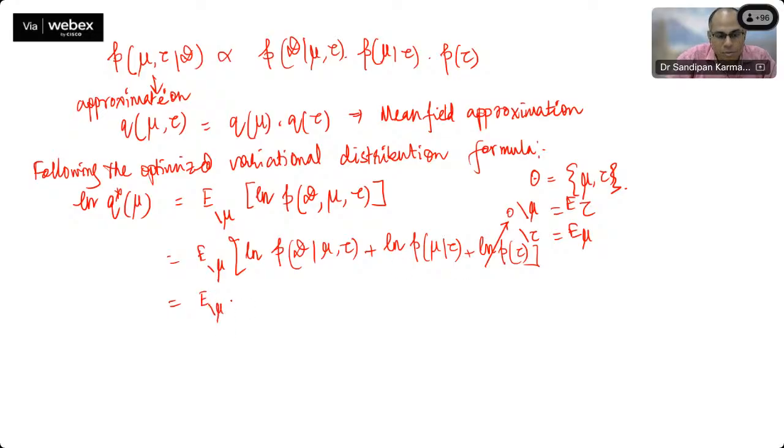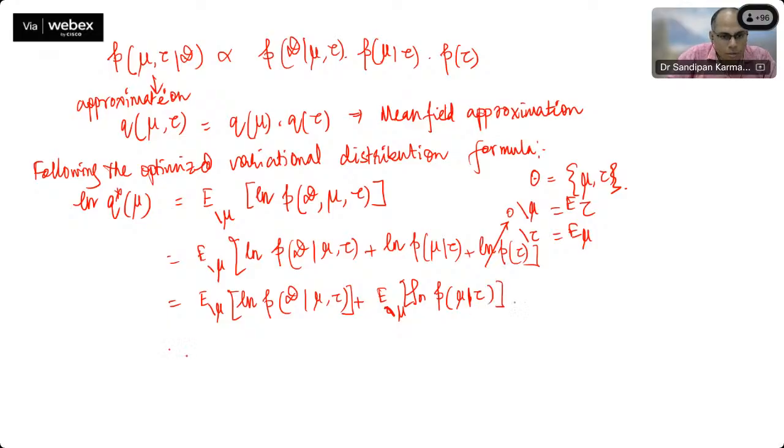So the expectation except mu will be of ln p of D given mu, tau plus ln p of mu given tau.